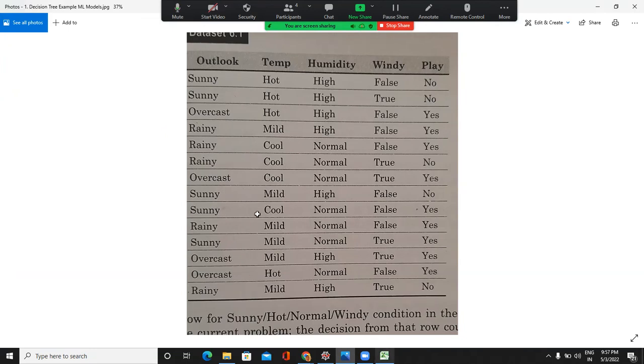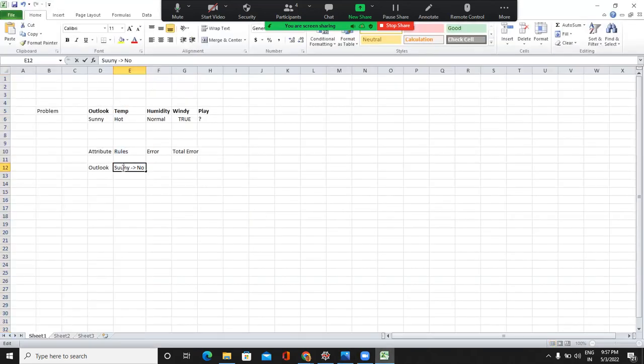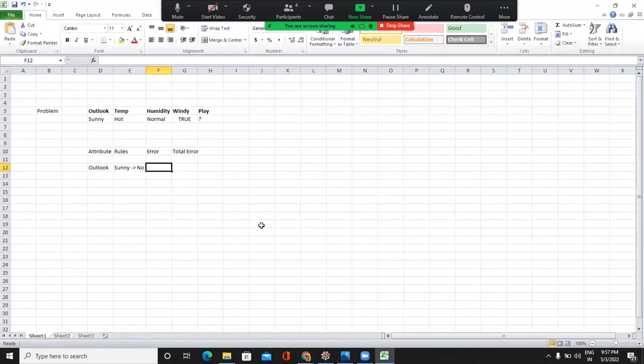And if we put this rule, whenever it is sunny, we say the decision will be no, we are right how many times? Sunny no, sunny no, sunny no. So 3 out of 5 times we will be right. So the error will be 2 out of 5.